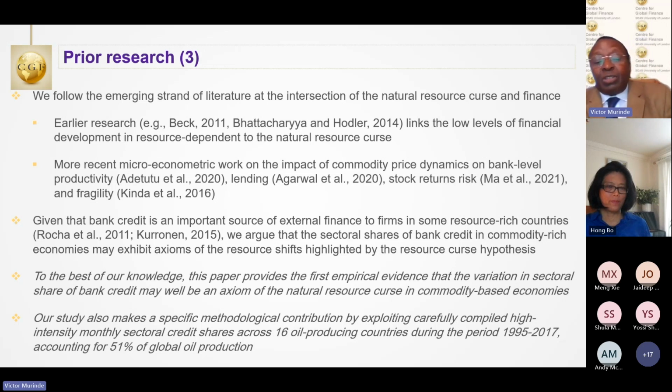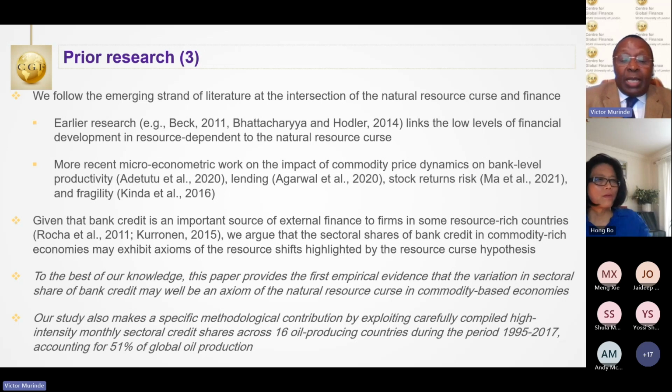We are therefore accounting for about 51% of global oil production in our sample. This is a lot of hand collection, painstaking work, to be able to shed more light specifically on the extension of flow of funds and look at the sectoral bank credit shares.